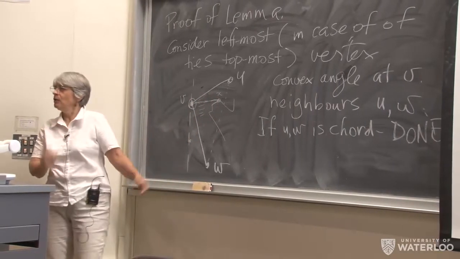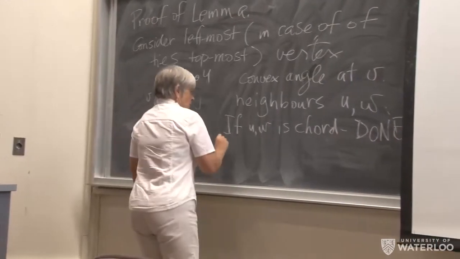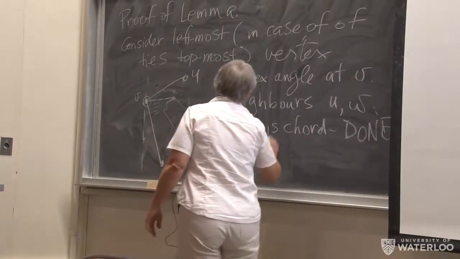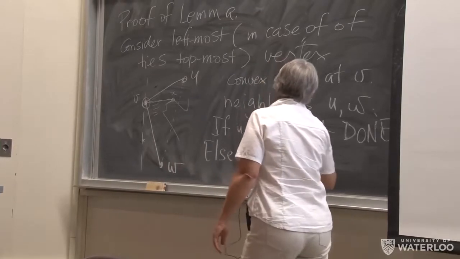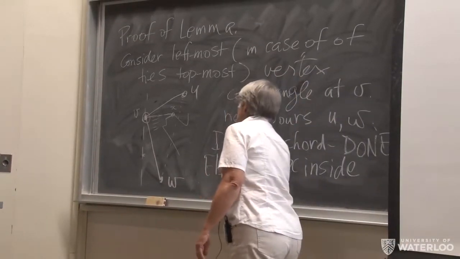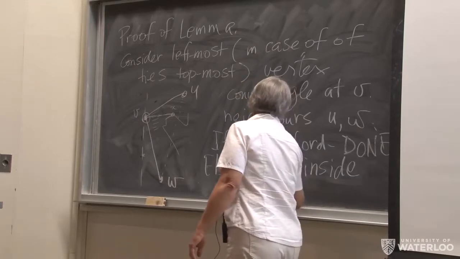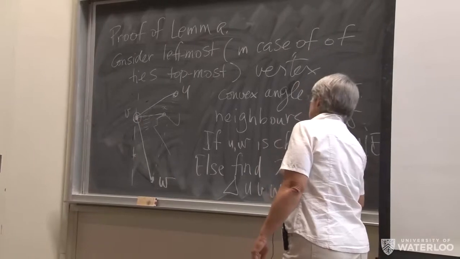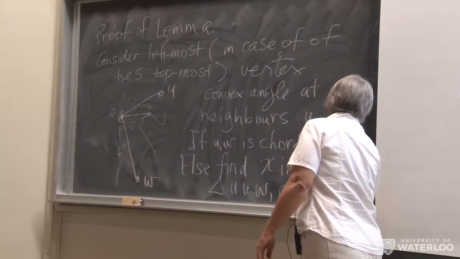That's the plan of how this proof is going to go. So else, find x inside the triangle UVW such that we get a chord Vx.